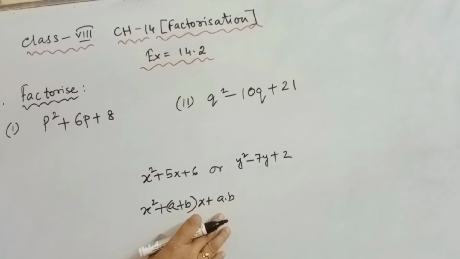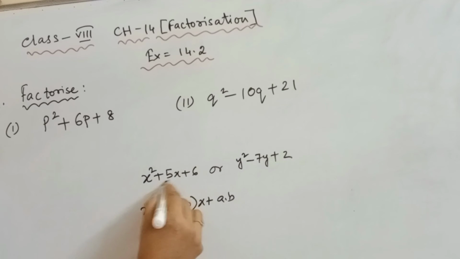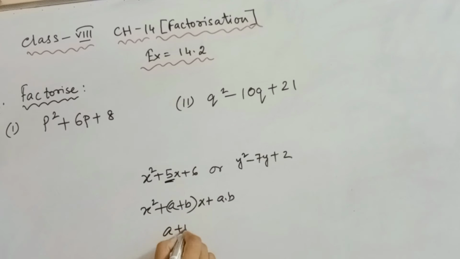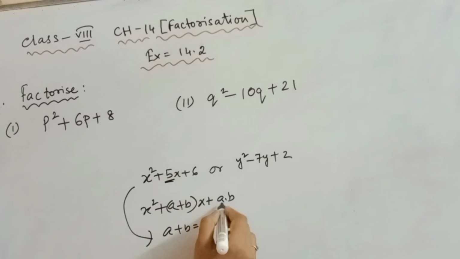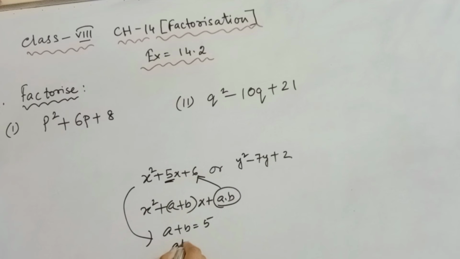In this sum, a plus b will be 5 and ab, a into b, will be 6.